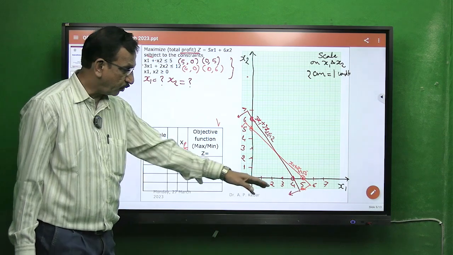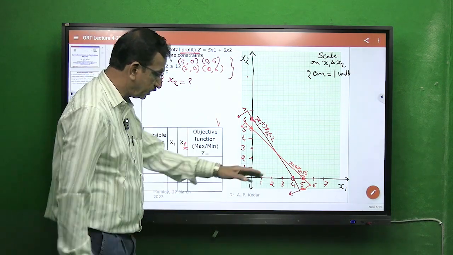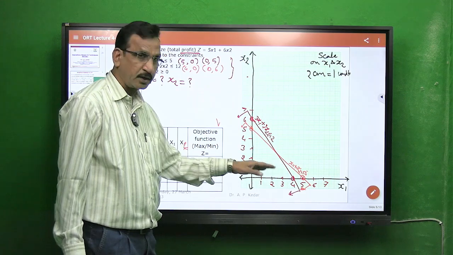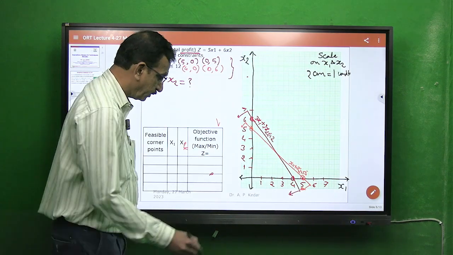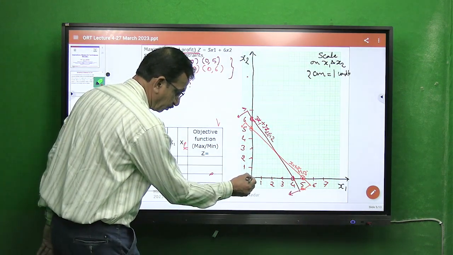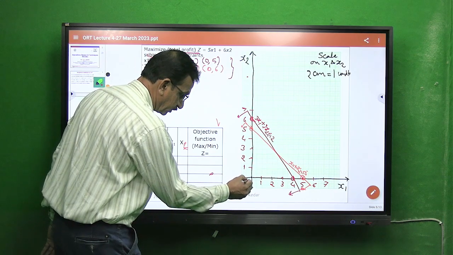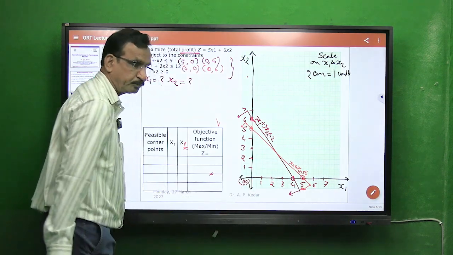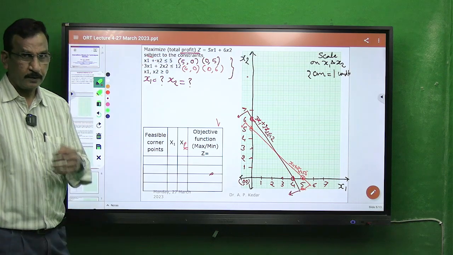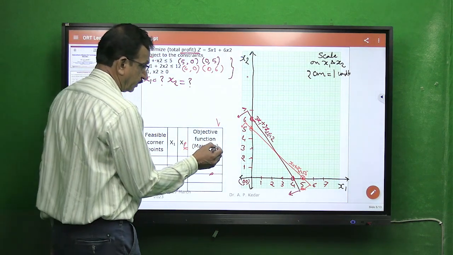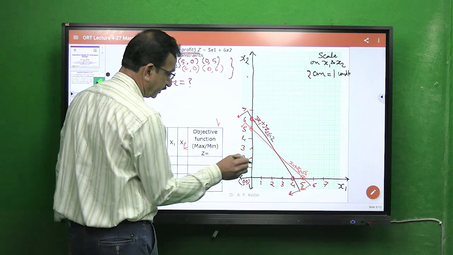Now here we have plotted, we have identified the regions of these two lines which are common with the x1 and x2 axis. See, the point of intersection of these two axes is definitely, we know, 0, 0. I will first plot and then erase.